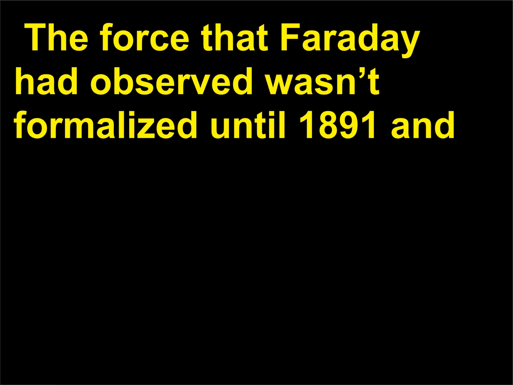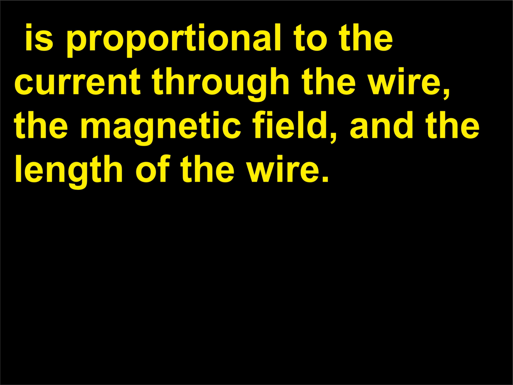The force that Faraday had observed wasn't formalized until 1891, and then by the Dutch physicist Hendrik Antoon Lorentz, 1853–1928. This force, called the Lorentz force law, is proportional to the current through the wire, the magnetic field, and the length of the wire.